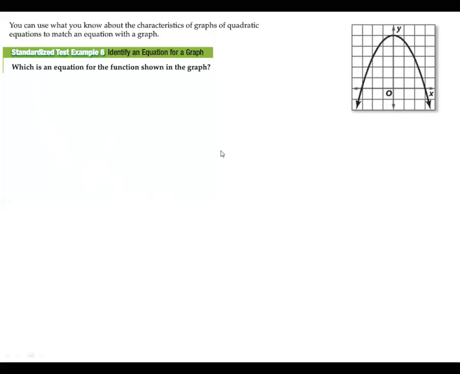So if you had a multiple choice problem like this, you'd want to pick the one that has a negative in front of the x squared, because it's flipped over, and adding 5 outside of the parentheses. Okay? So since you have 4 choices here, we can eliminate some of them.